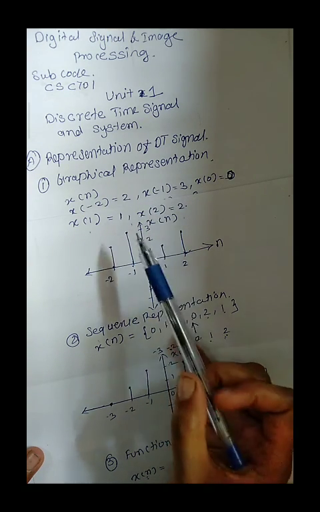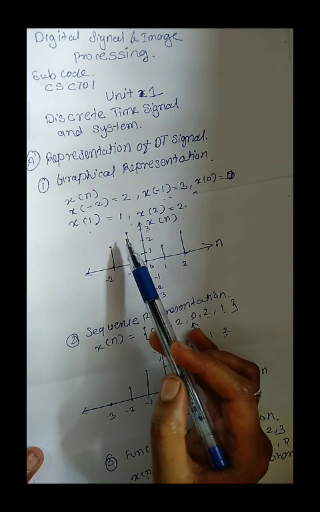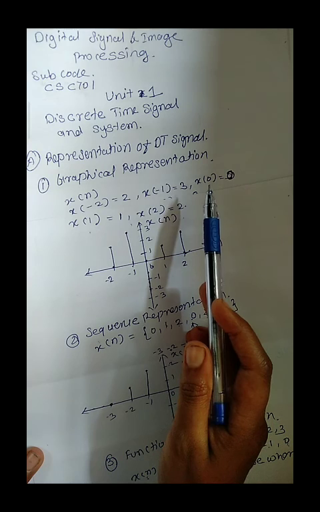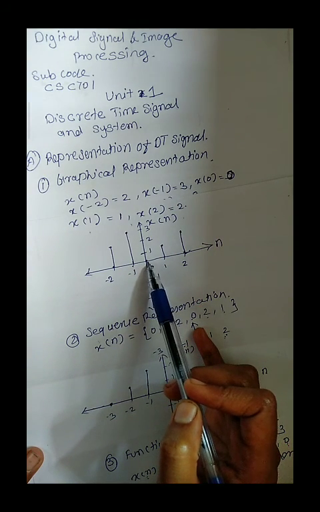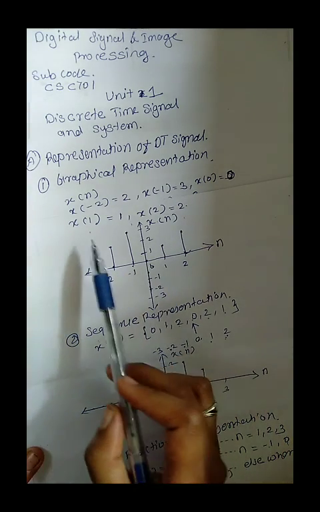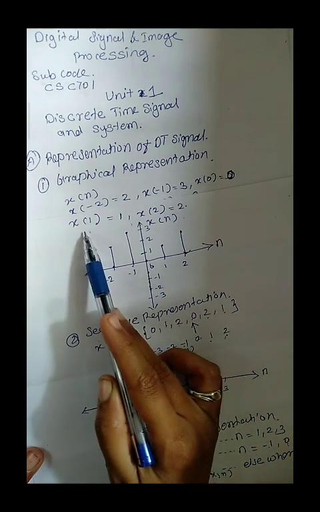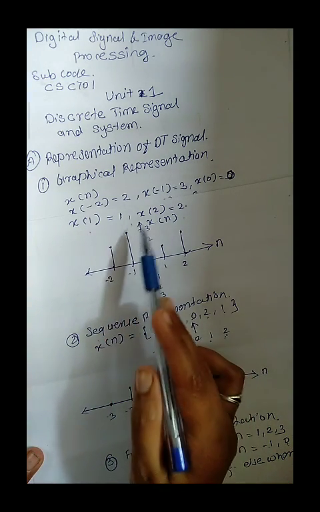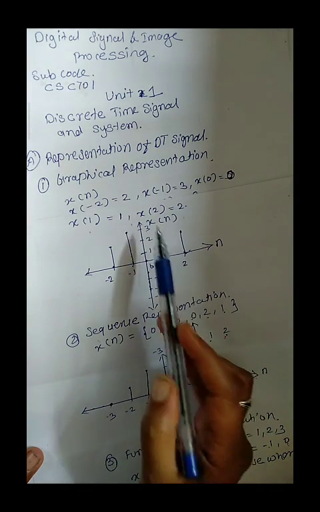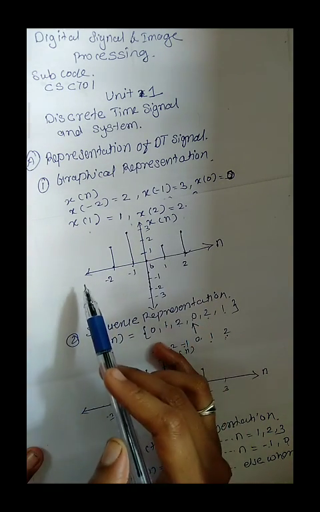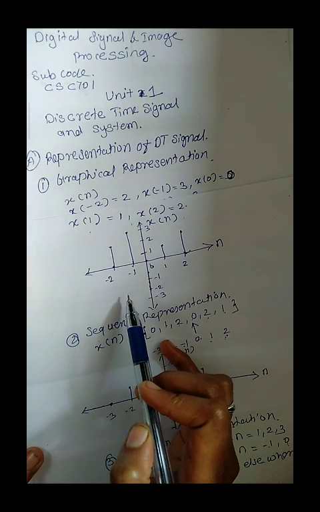Value of n is minus 1, and value of x of n is 3. Then x of 0: value of n is 0, and x of 0 is 0. Next, x of 1: value of n is 1, and value of x of n is 1. x of 2 is equal to 2: value of n is 2, and x of 2 is 2. So this is a simple graphical representation of a discrete time signal.